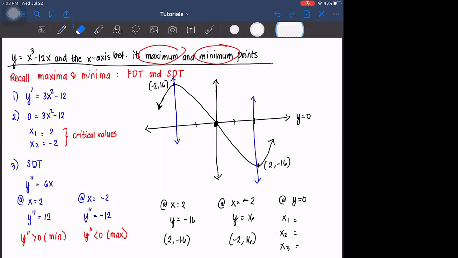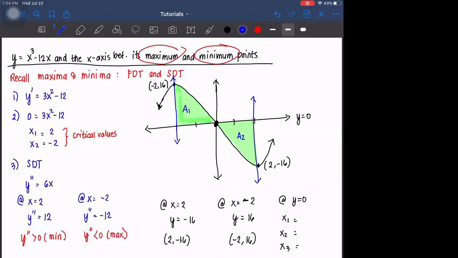So the shaded portion, ang atong area nga gipangita kay kani, o kani. Okay? So as you can see, there are two areas. This is area 1 and this is area 2.